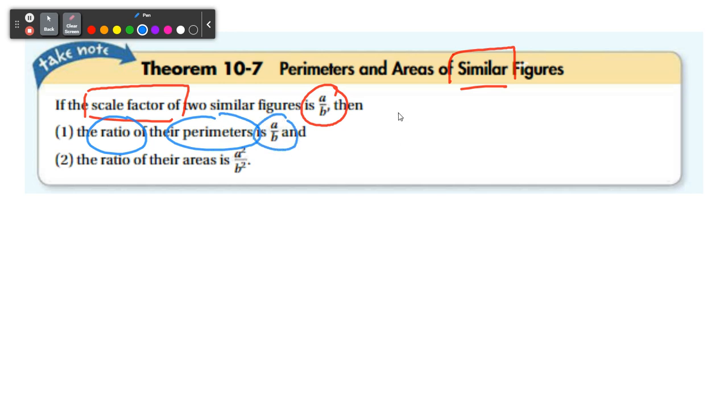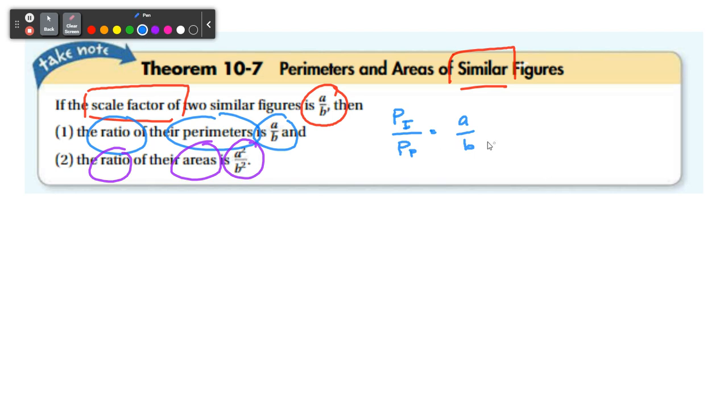So if we use pre-image and image, this is the coordinate plane notation. The perimeter of the image over the perimeter of the pre-image is going to be equal to the scale factor A over B. But the ratio of the areas is going to be the scale factor squared, A squared over B squared.